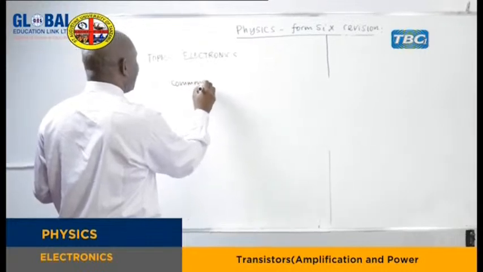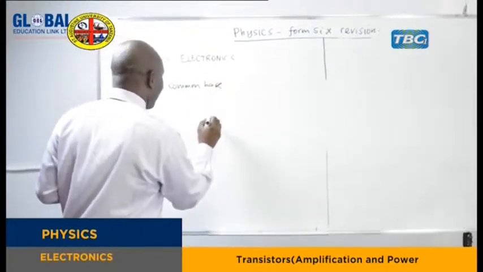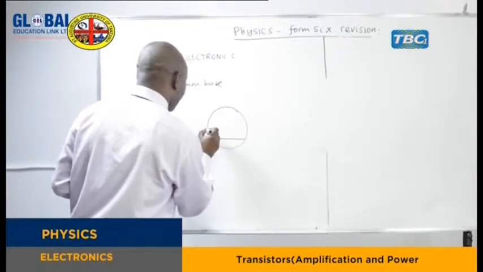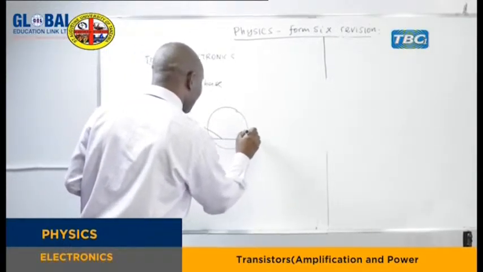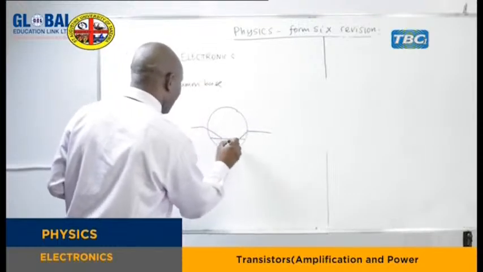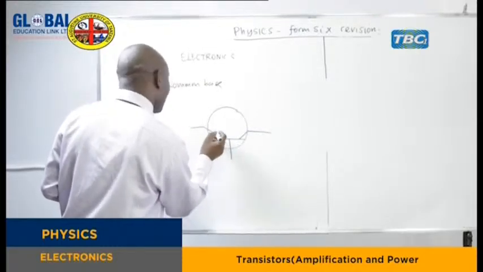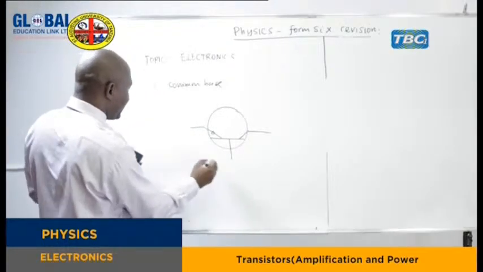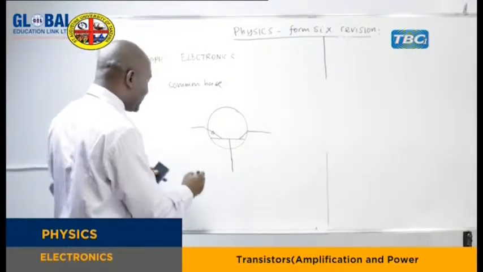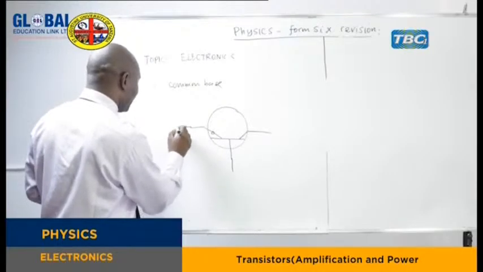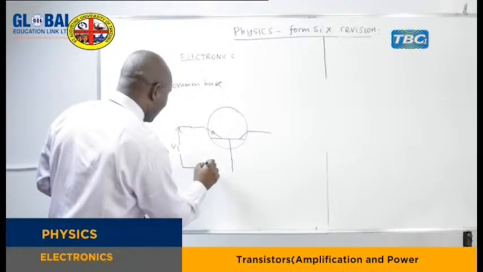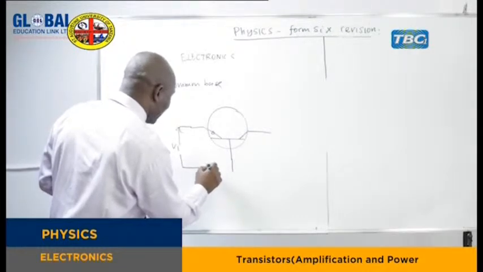Common base, let's draw here. Let's use the PNP. This is our PNP. And we know this is the circuit which we name as the input, where the input is applied here. And of course we have some voltage supposed to be applied here.